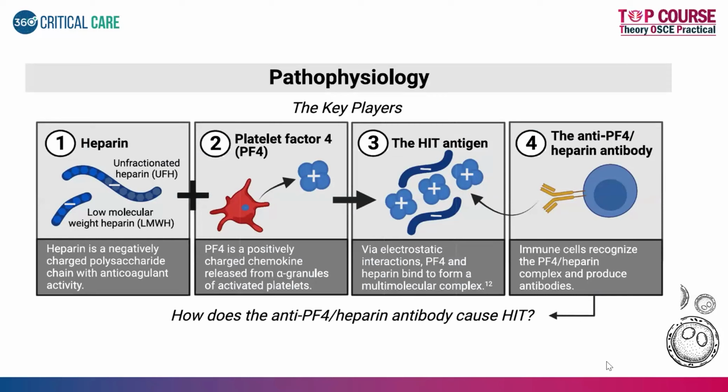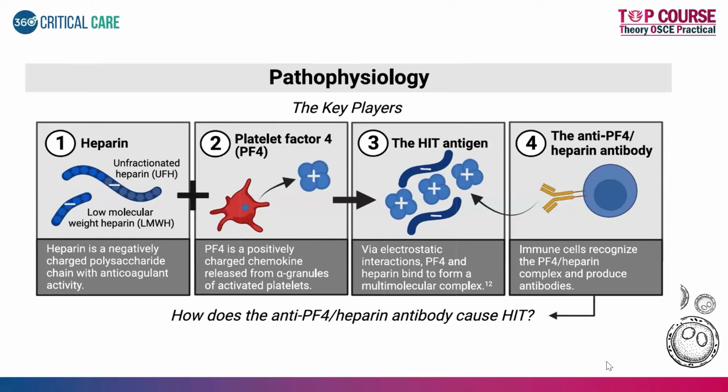When this merges with platelet factor 4, which has been released from the alpha granules of an activated platelet, they form a neoantigen, because platelet factor 4 is a positively charged chemokine. So a negatively charged heparin and a positively charged chemokine like PF4 combine together by electrostatic interactions to form a neoantigen, which is called the HIT antigen.